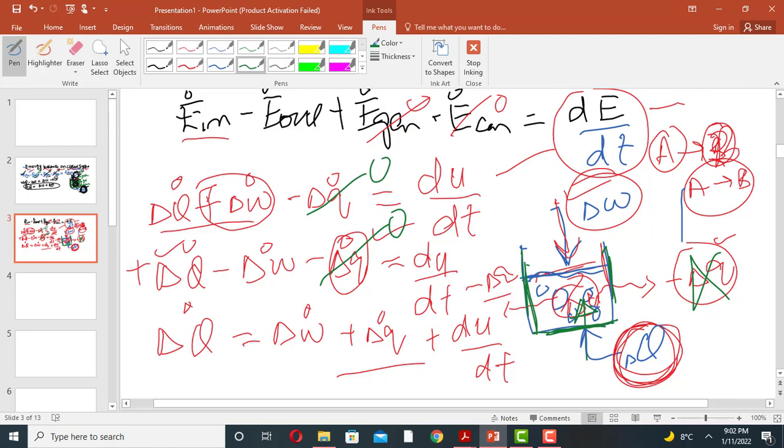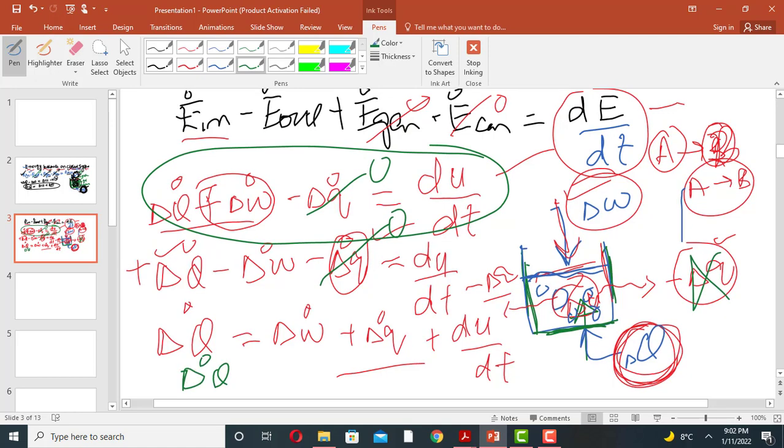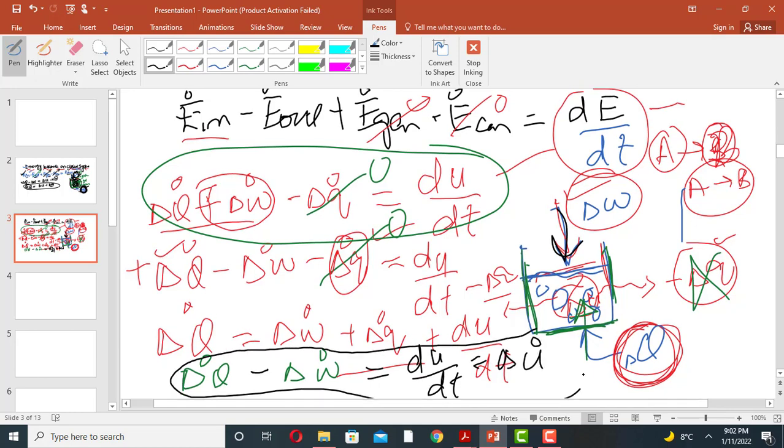So only this relation remains: delta Q, with a minus sign on delta W because work is done on the system, is equal to the change in internal energy of the system per unit time. This is the energy balance for the closed system in the rate-based method.